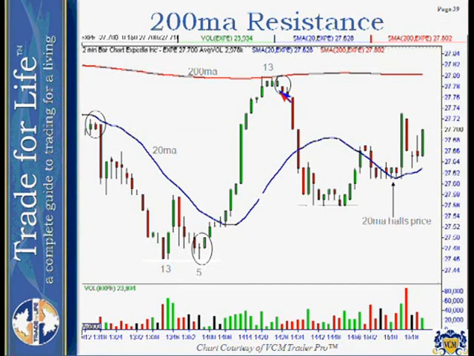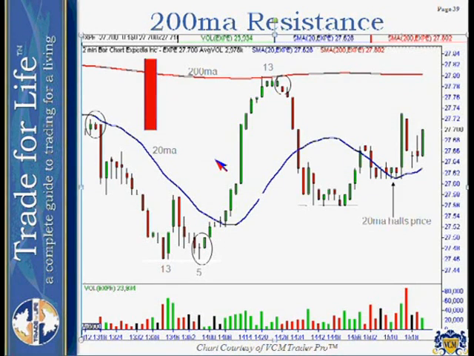I get it on this first red bar. This first red bar violates or breaks the low of one of those little green bars. I've got my 100% trigger, enter, and there's my collapse. I can only take this short if my daily bar is bearish. Don't ever forget that. These all assume that the daily bar gives you the right to take this short. Okay?